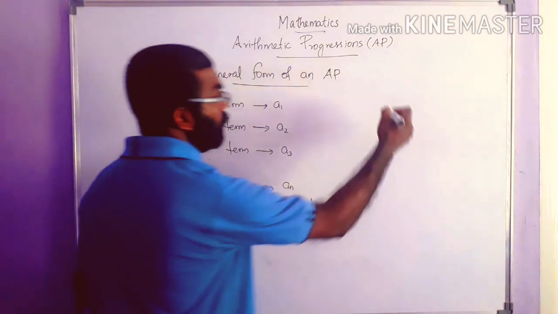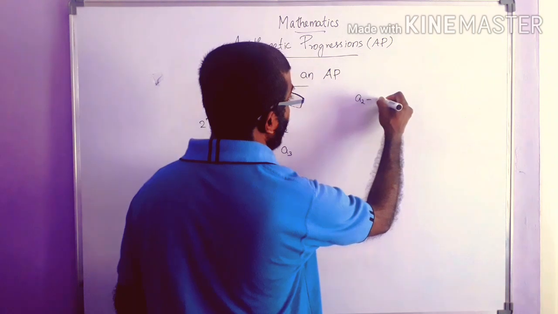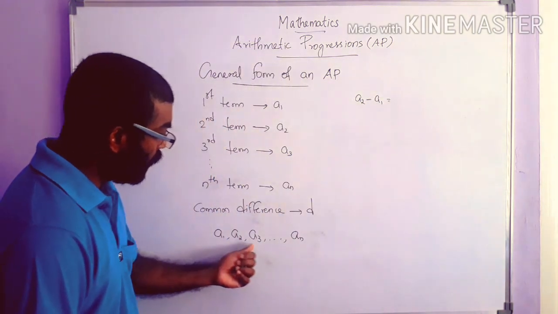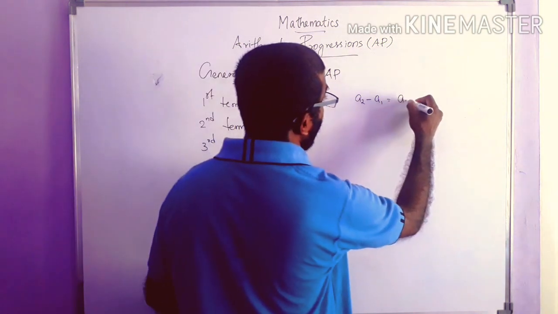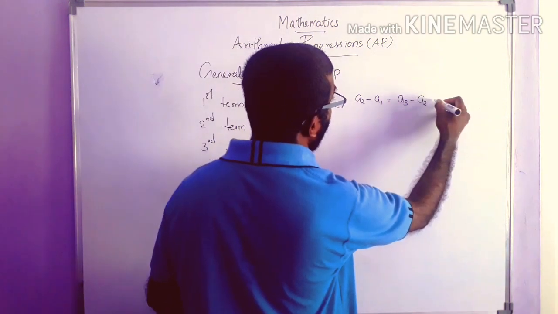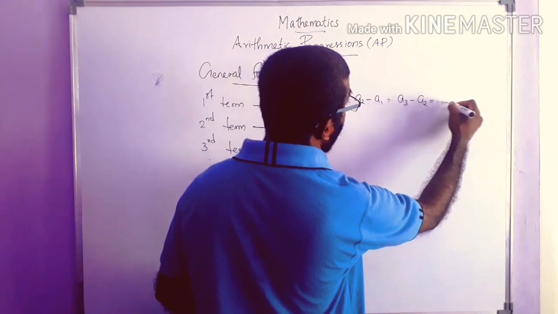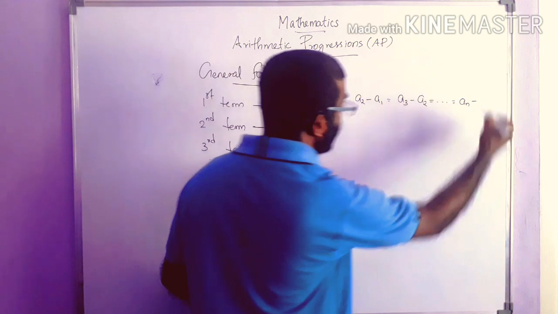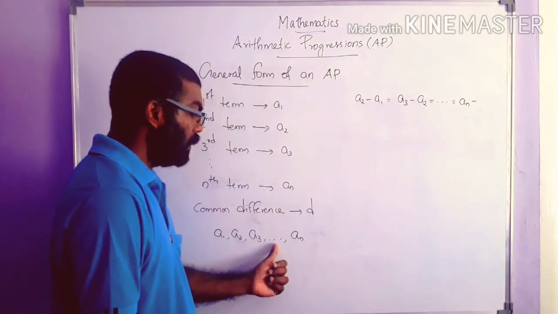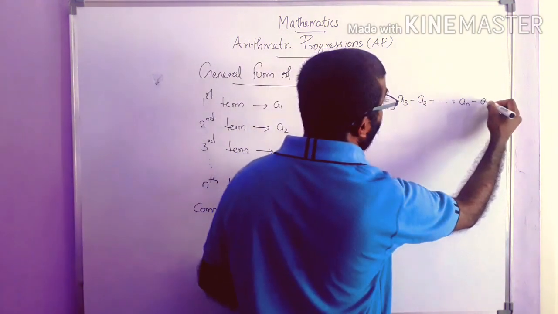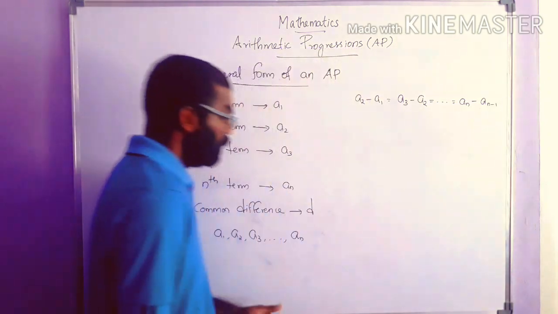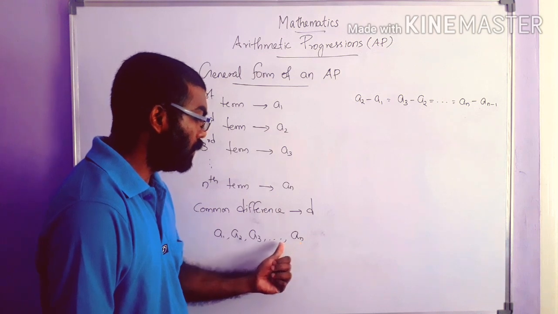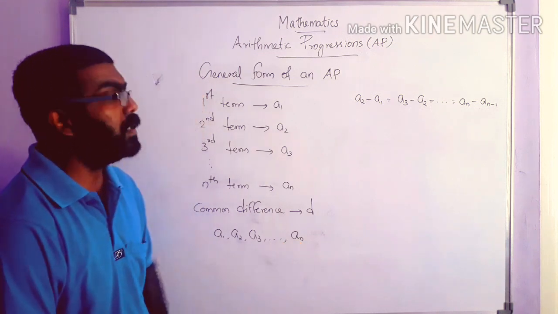Now a2 minus a1 is equal to a3 minus a2, is equal to etc., equal to an minus the preceding term, which is an minus 1. The position is only one less than this term. Here it is an, so the previous term is an minus 1.